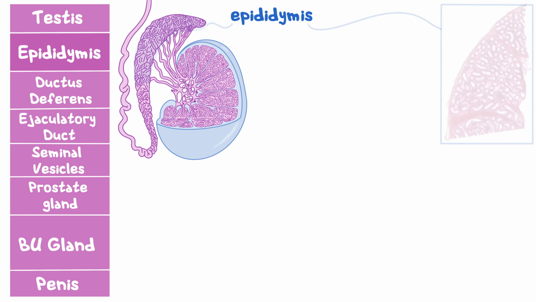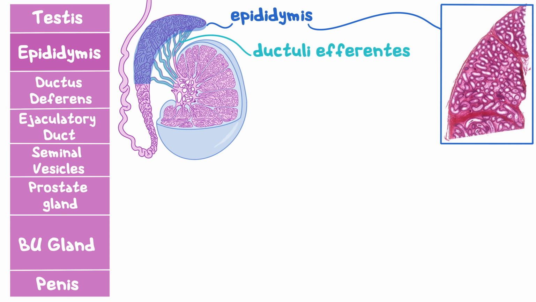Each epididymis is formed by the ductuli efferentes and the ductus epididymis. The 10 to 20 ductuli efferentes are short tubules that drain spermatozoa from the rete testis and pierce the tunica albuginea of the testis to conduct the sperm to the ductus epididymis. Thus, the ductuli efferentes become confluent with the ductus epididymis at this point.